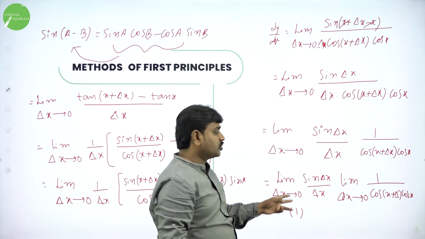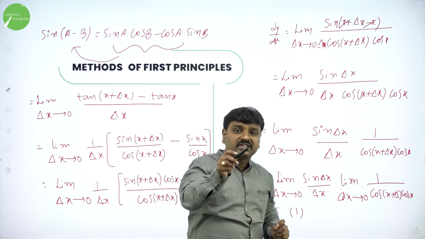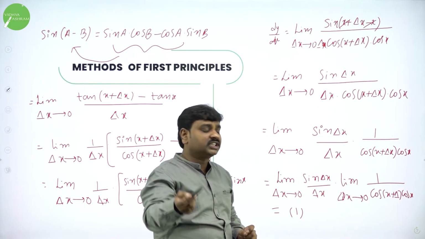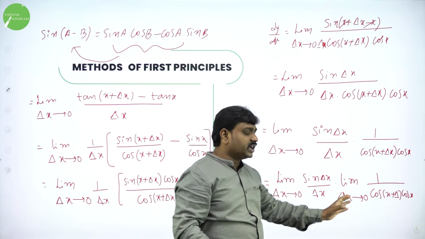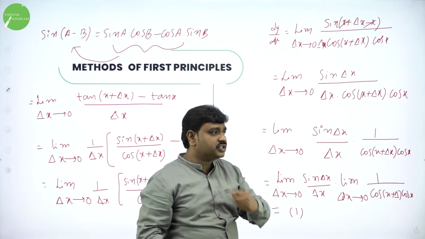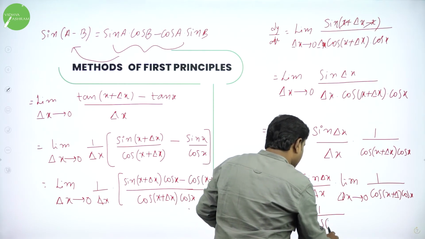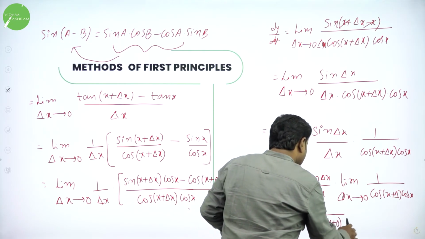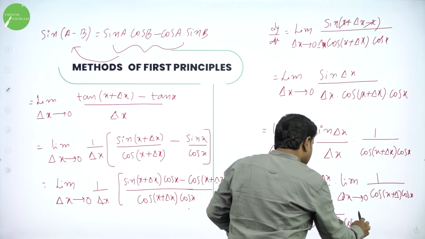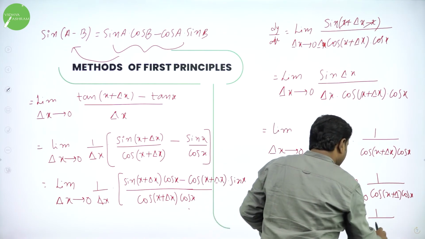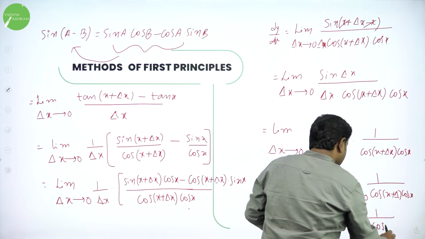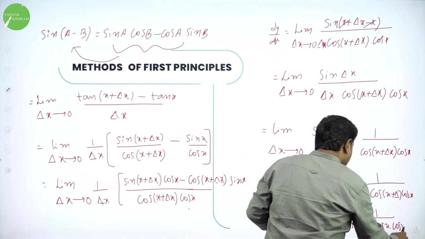Limit delta x tends to 0, sin delta x by delta x is in the form limit theta tends to 0, sin theta by theta, that is 1. And delta x tends to 0 means in the place of delta x put 0. If you do that, you will have 1 by cos of x plus 0 into cos x, that is finally you will be left out with 1 by cos x into cos x, that is 1 by cos square x.